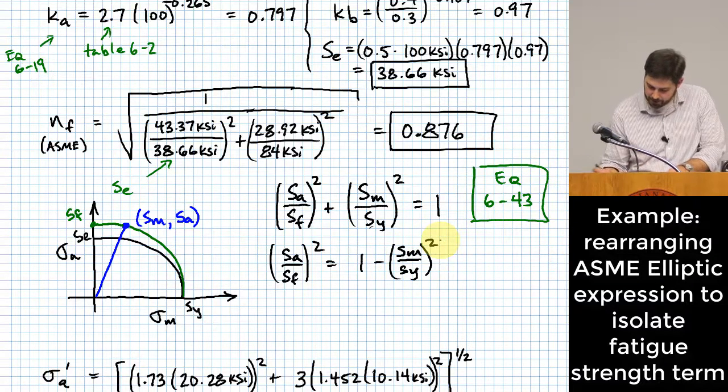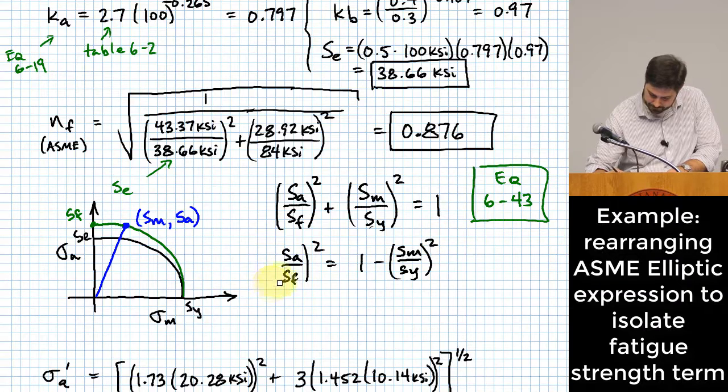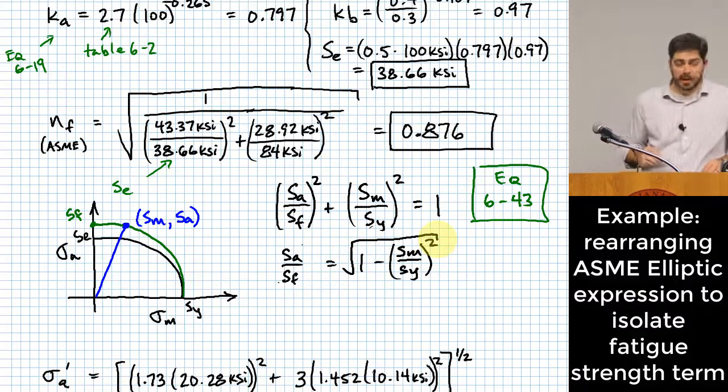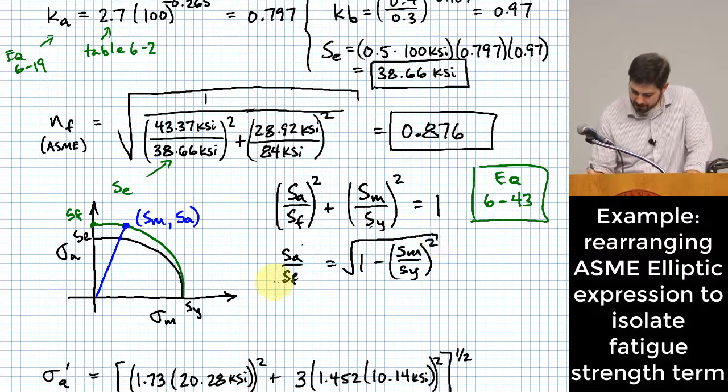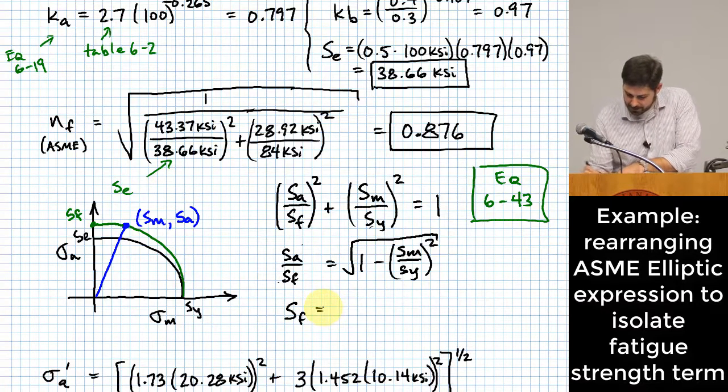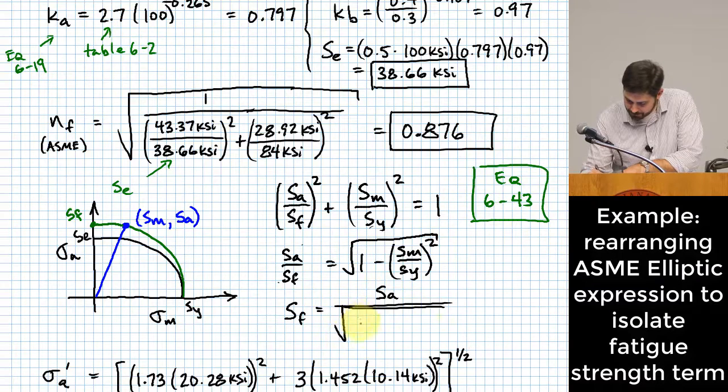And then we take the square root of all of this. Like so. And what we end up with when we solve for SF is SA over this square root of 1 minus SM over SY squared.